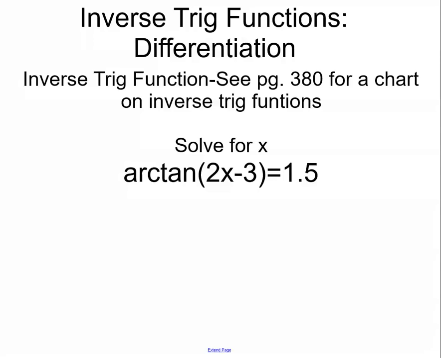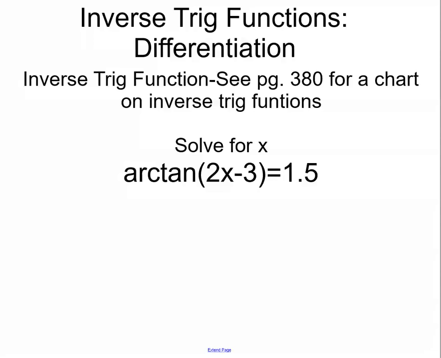As we're doing the videos, go ahead and get that sheet that I gave you guys a few weeks back that had a bunch of derivative formulas and integral formulas. I'll kind of reference that as we're going.